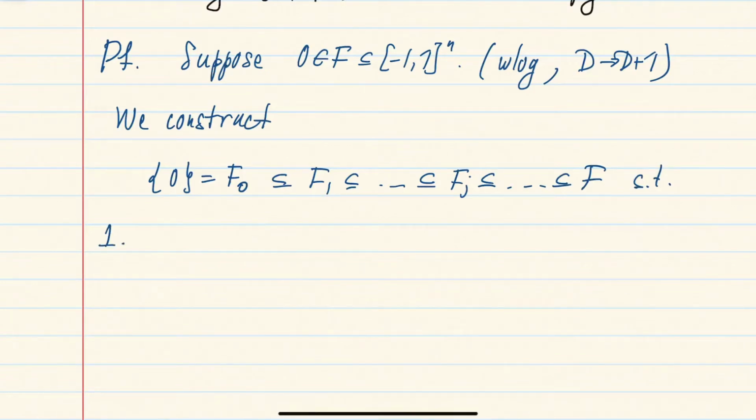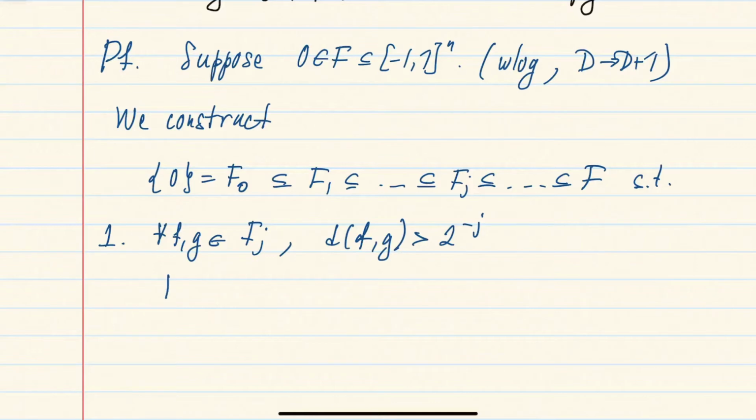So first of all, for all f and g in the set Fj, they will be at a distance at least 2 to the minus j from each other. Okay, so in particular, the cardinality of this set Fj will be smaller than the cardinality of the optimal packing.